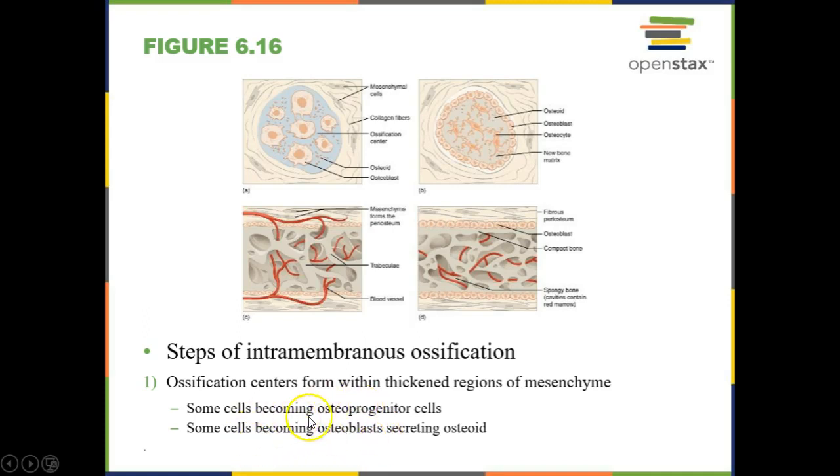So some of the mesenchyme forgo the osteoprogenitor step and basically go right into making osteoblasts. And the osteoblasts then secrete osteoid. So now we have osteoprogenitor cells as well as osteoblasts in this region. Osteoprogenitor cells will produce new osteoblasts. Osteoblasts will produce osteoid.